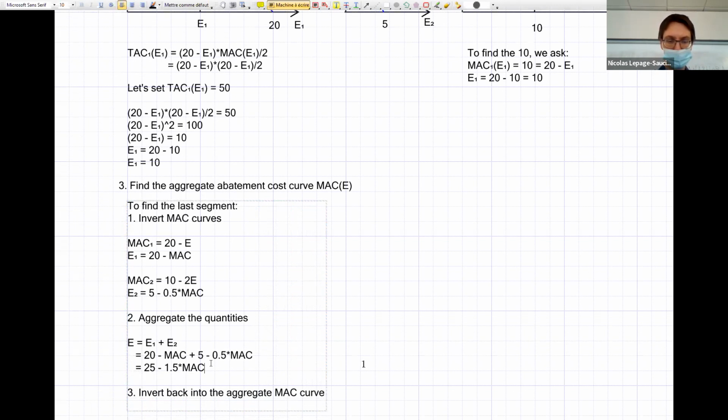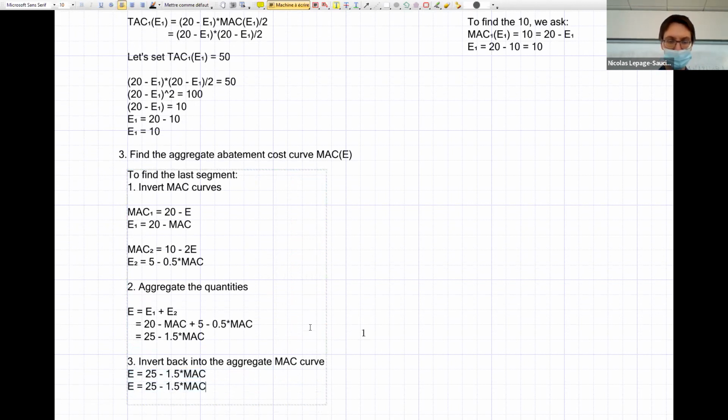So you get MAC equals this. 25 divided by 1.5, that's 3/2. Yeah, there's nothing I can do with that.